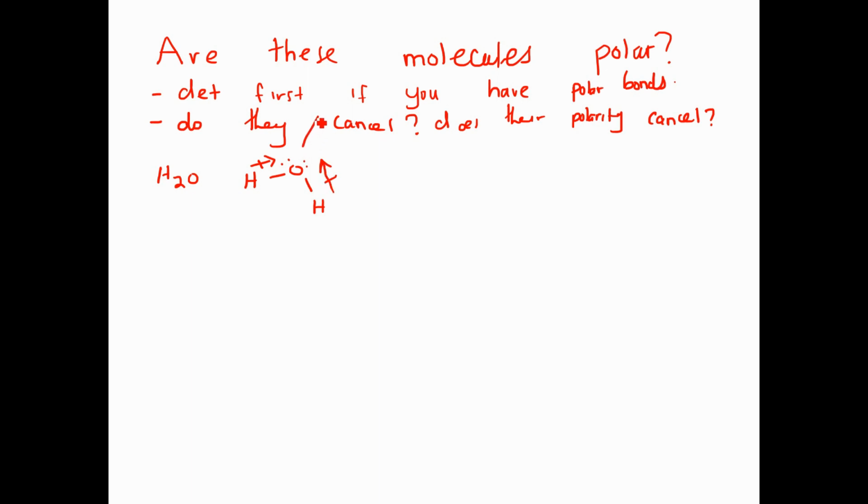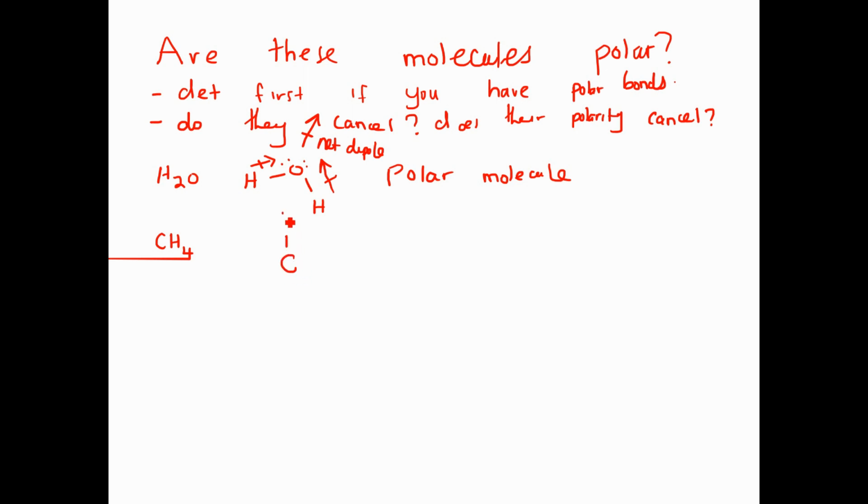And then the net dipole, because there's a contribution, the net dipole will be pointing outwards. Obviously, there is no cancellation, so I expect water to be a polar molecule. Okay. What about CH4? We'll talk about Lewis structures very soon.